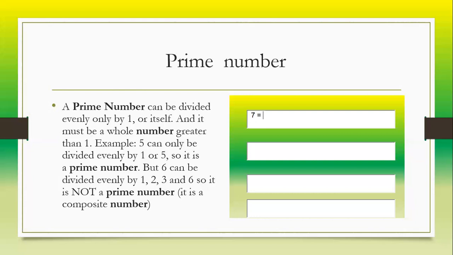How did you find the factors of 11? What and what can give 7? 7 and 1. Exactly. Can anything else give 7? No, sir. So 7 is a prime number.